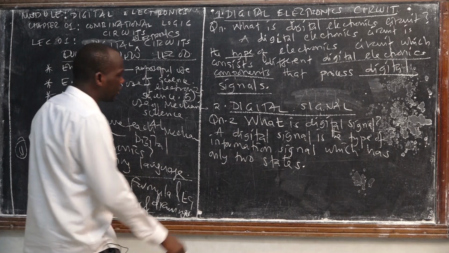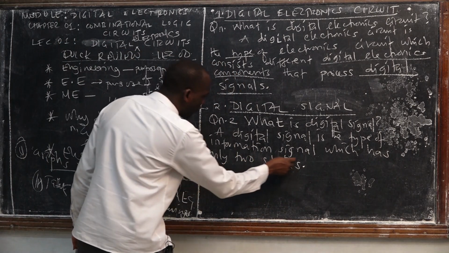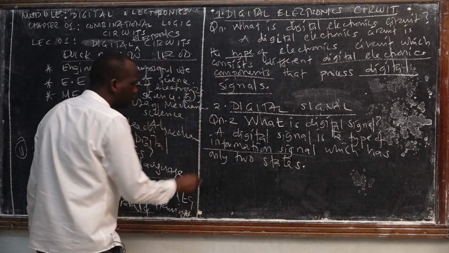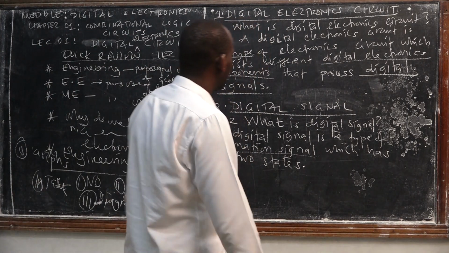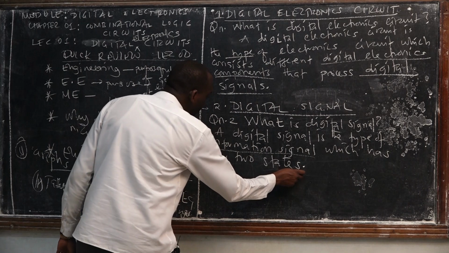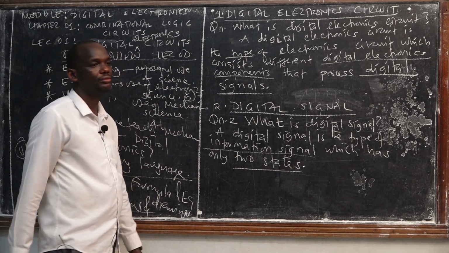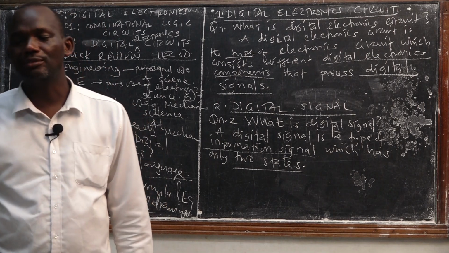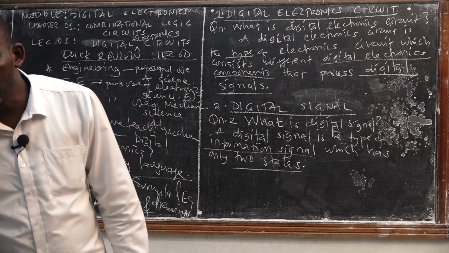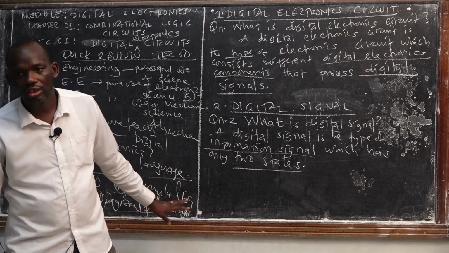Say information signal. Which has only two states. That's the meaning of digital signal. So an analog signal has more than two states, while a digital signal has only two states.